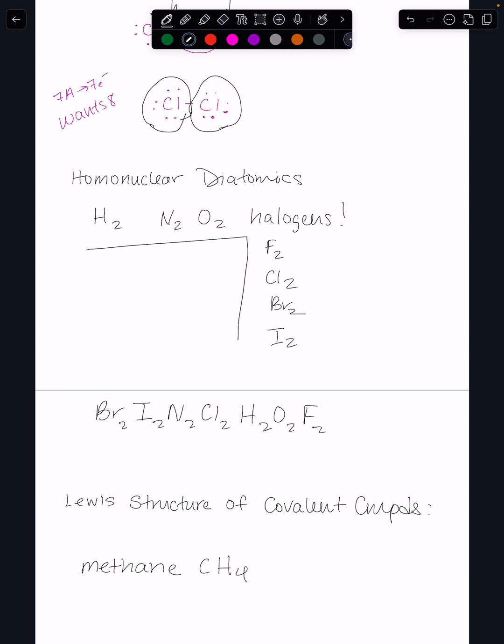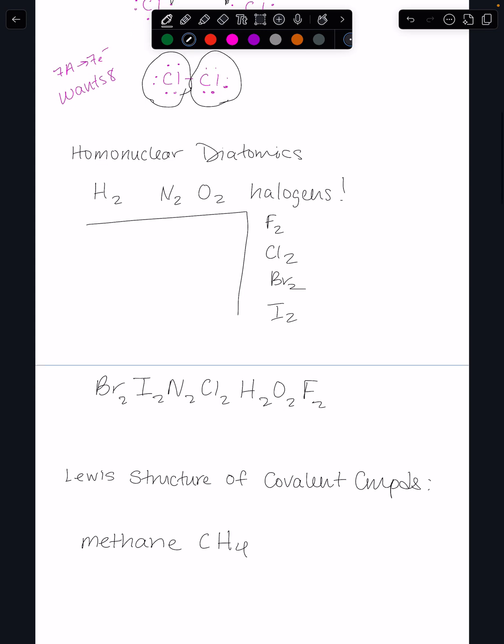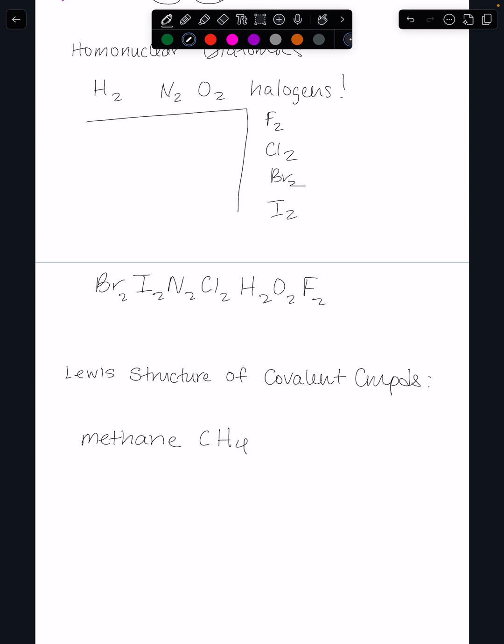And I like to remember these by saying H, no, halogens. And if you look at the periodic table, you can go across H, no, halogens. Another way that people like to remember this is with the word Brinkelhof, and then a 2 next to all of them, because they exist as homonuclear diatomic molecules. But I like H, no, halogens.